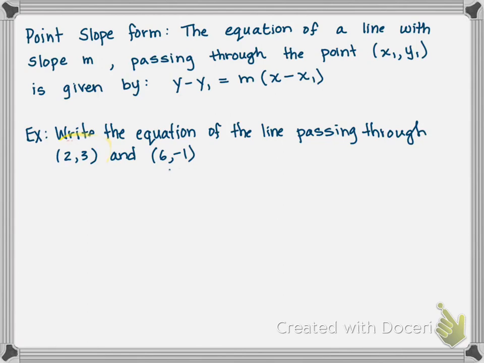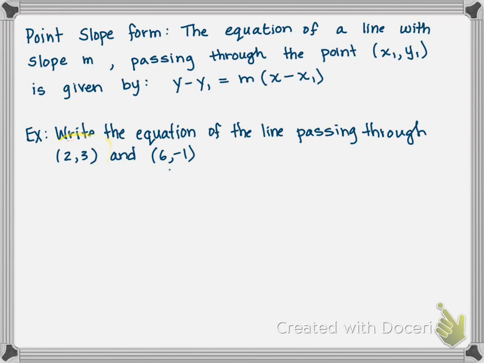But if that's not the case, then we're going to use what's called the point slope form of a line. And we're going to use this to write equations of lines, which means that we need 2 things to write the equation of a line. I need to know my slope, and then I need to know at least 1 point on the line. So we're calling that 1 point on the line x1, y1.